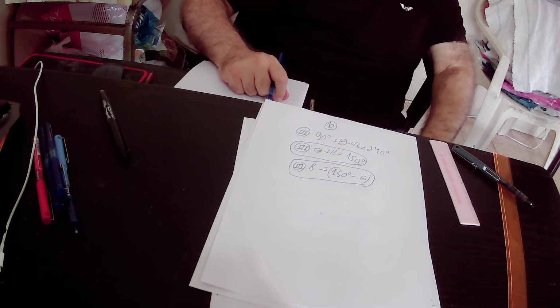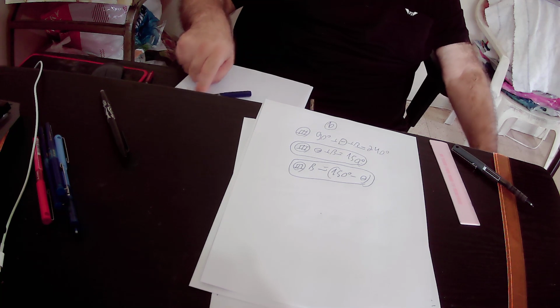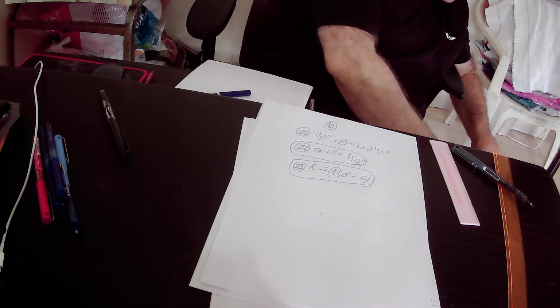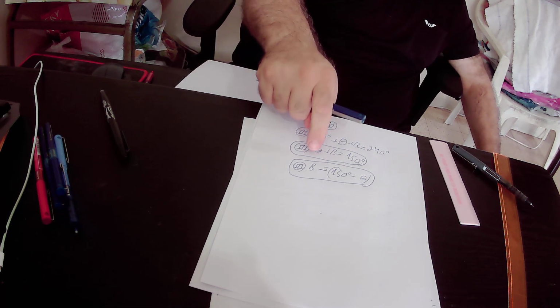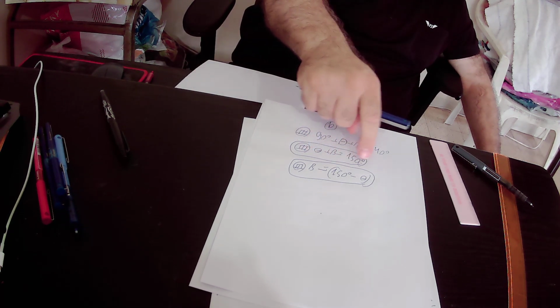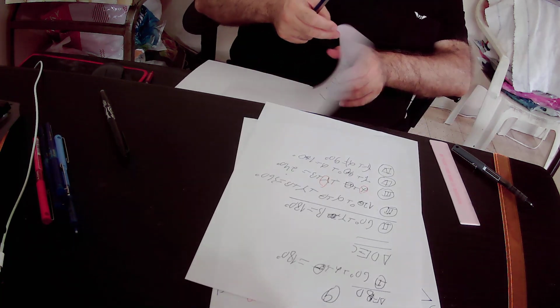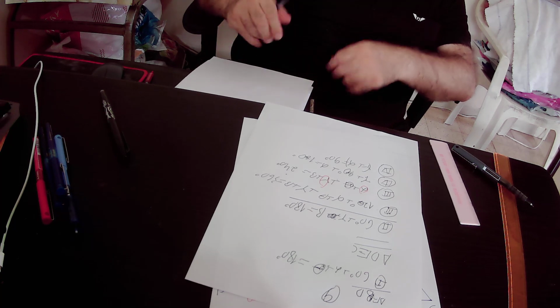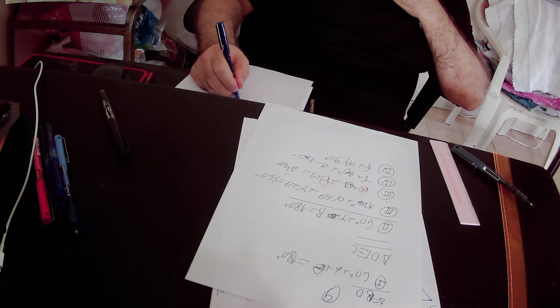So if beta equals 150 degrees minus theta, then sinus beta will be equal to sinus of 150 degrees minus theta. Very simple. We can write down that sinus beta equals sinus of 150 degrees minus theta.